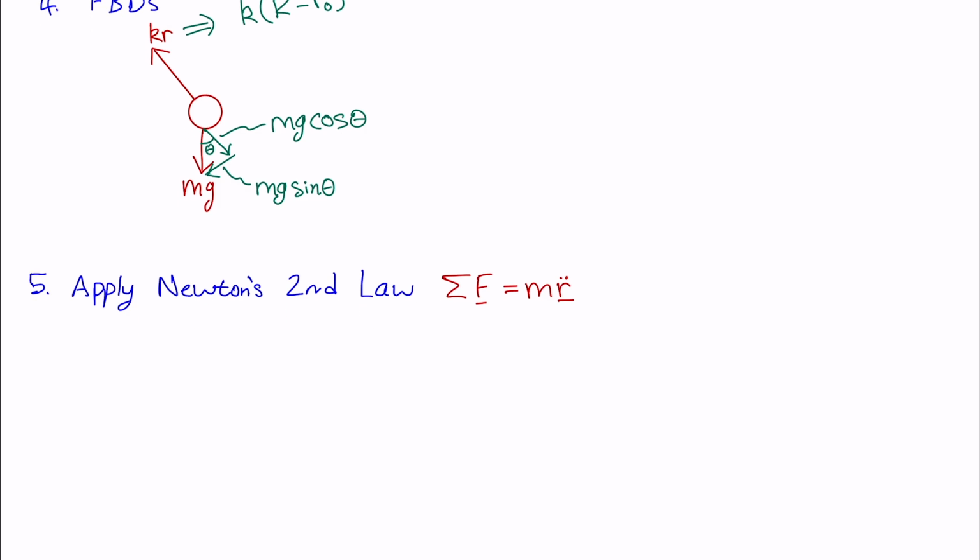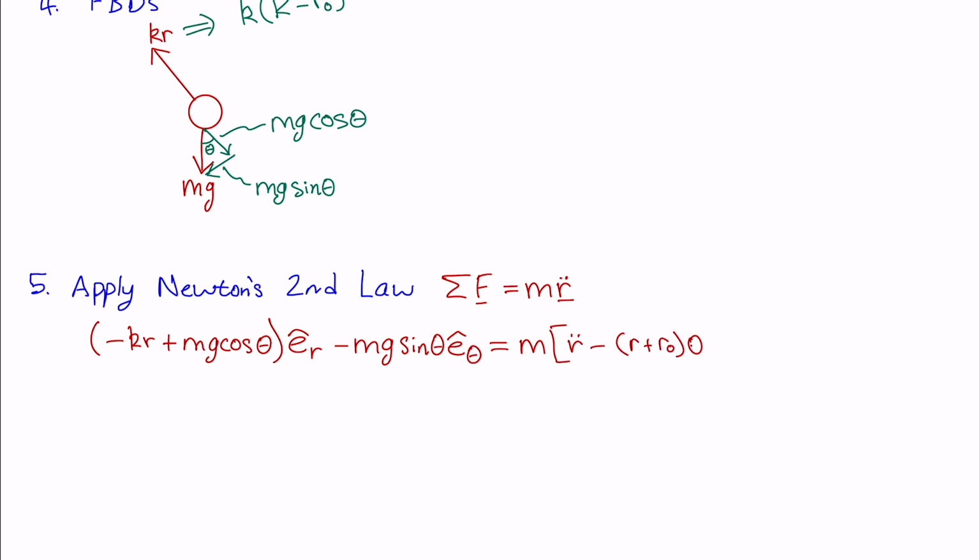For our forces, in the e hat r direction we're going to have minus kr plus mg cosine theta, all of that in the e hat r direction, minus mg sine theta e hat theta, equal to the mass times our acceleration. So we'll have first r double dot minus (r plus r0) theta dot squared.